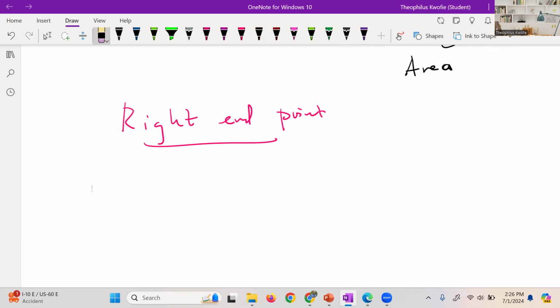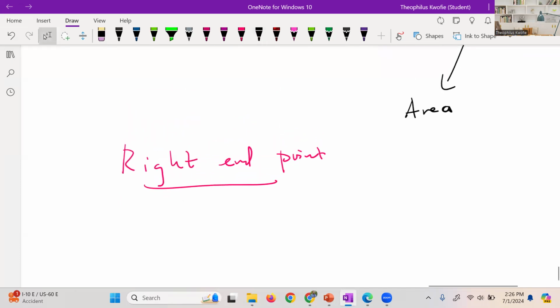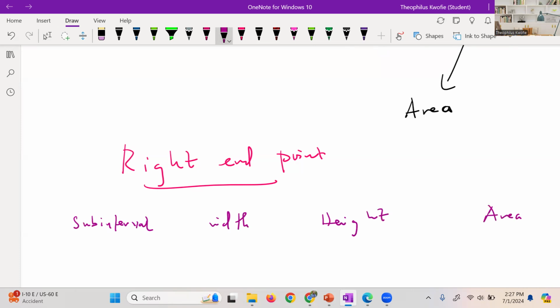Let me take my time to write this well. So we have the subdivision, we have the width, we have the height, and then we have the area.